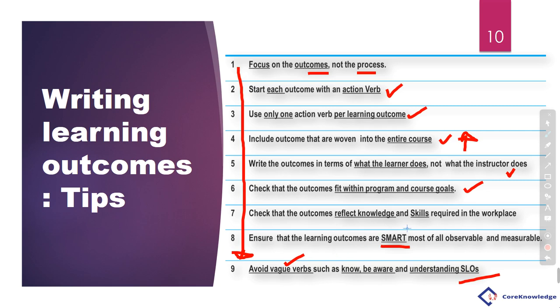With that, I hope you can appropriately write good learning outcomes. Shortly, we'll see a sample of how to write a simple learning outcome using a simple case study. All right, great. I'll see you shortly.